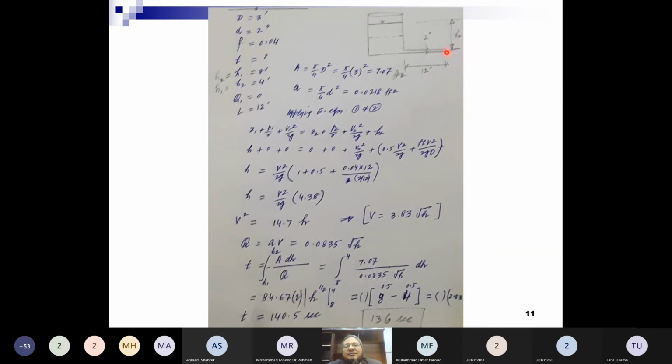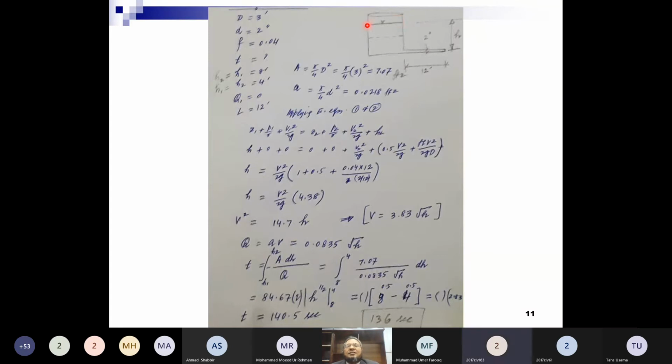Now if you have any question, you are welcome. Sir, why has the velocity at section 1 become 0? Velocity at section 1 is 0 because the water has a free surface.